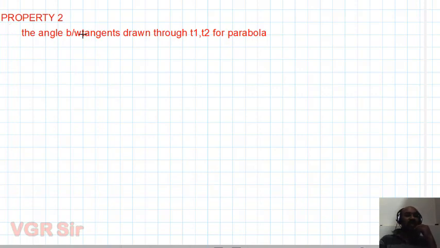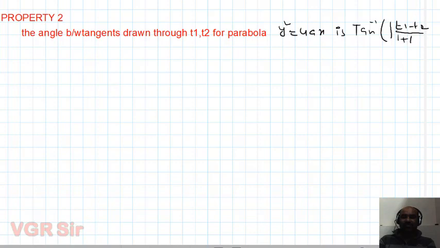The angle between tangents drawn through T1, T2 of the parabola y square equal to 4ax is tan inverse of modulus of (T1 minus T2) by (1 plus T1 T2). Now I want to derive this angle between tangents drawn through T1, T2 of the parabola y square equal to 4ax.